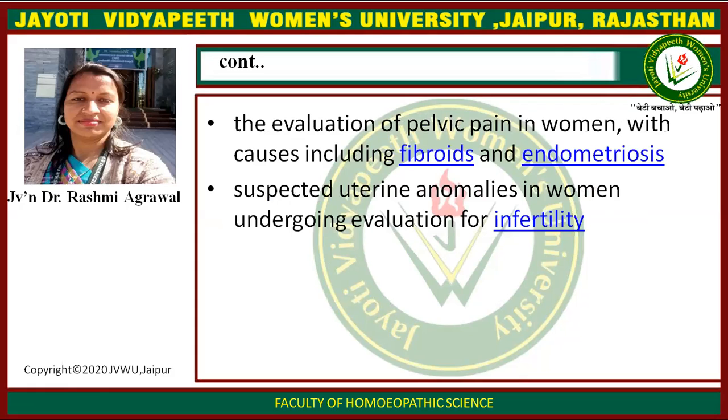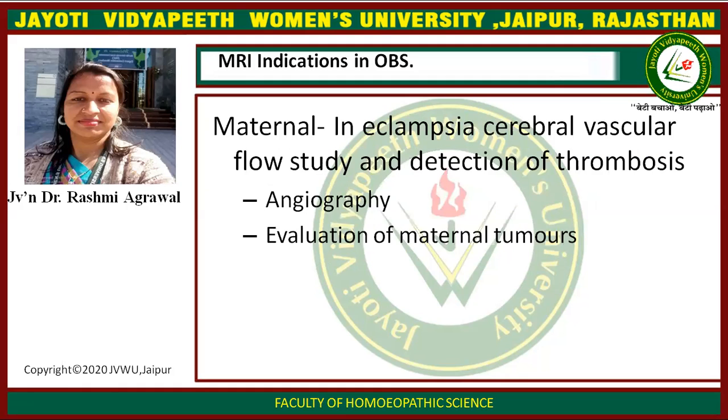Then evaluation of pelvic pain in women, with causes including fibroids and endometritis. Uterine anomalies in women are evaluated for infertility. In infertility cases, uterine anomalies are detected. Then we will discuss the MRI indications in obstetrics.